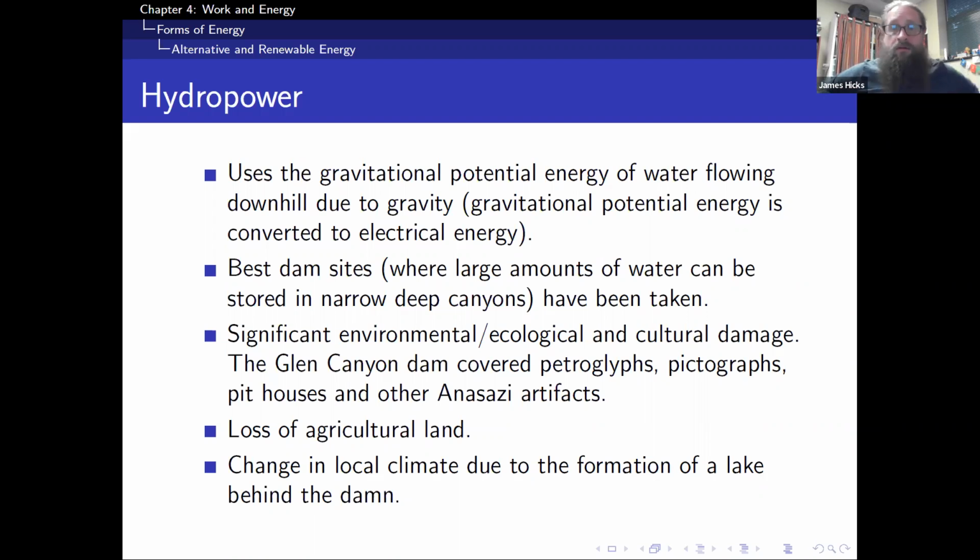It was just literally littered with pots and all sorts of really interesting stuff, and they just filled that up behind it. You should definitely look up the Glen Canyon Dam and these Anasazi artifacts. There's a very incredible documentary about 3 people that went through there right before they filled that up, and just the stuff that they were finding.